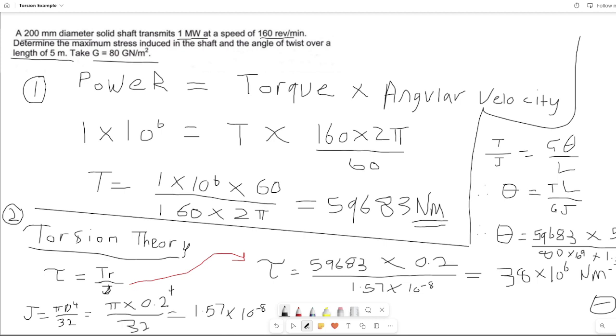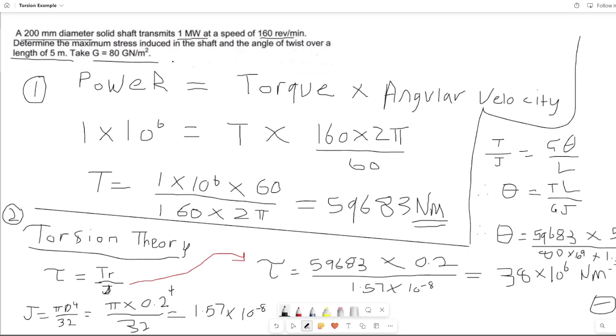But we could also convert that into degrees if we wanted to, which would be equivalent to 0.00237 degrees.